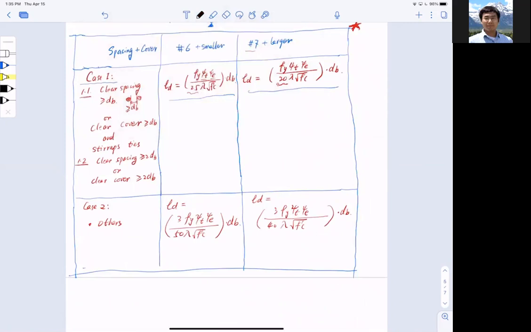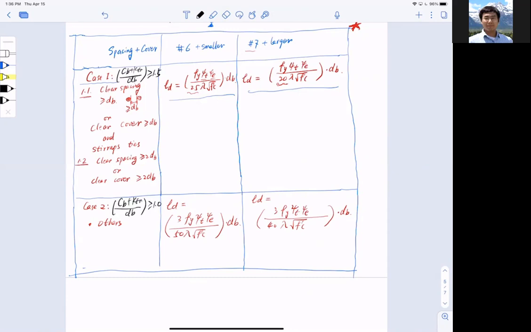Case one is cb plus Ktr divided by dB greater than or equal to 1.5, which means you still need to calculate it, but you don't have to incorporate it in an equation, just do a check. And here, cb plus Ktr divided by dB has to be greater than or equal to 1.0. So that is where the confinement effect plays in this table.